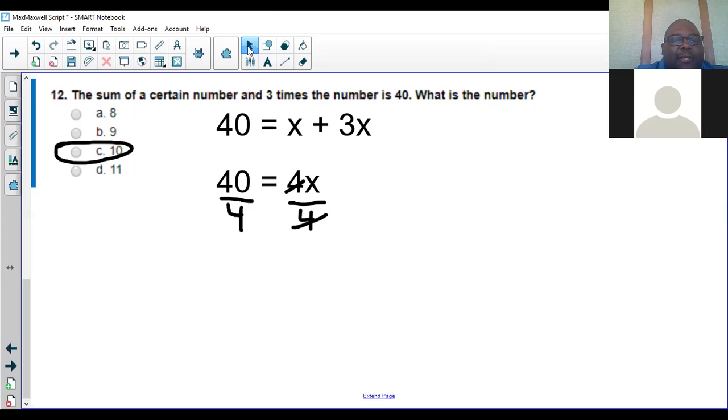How we get there is we got to understand with word problems that sum means add. And the number that we end with, in this case 40, is the number that we have to set everything equal to.